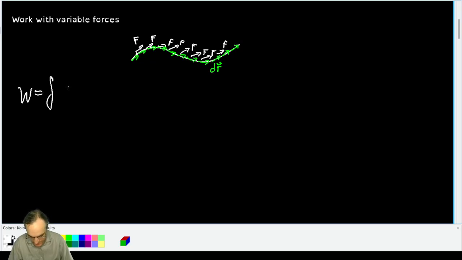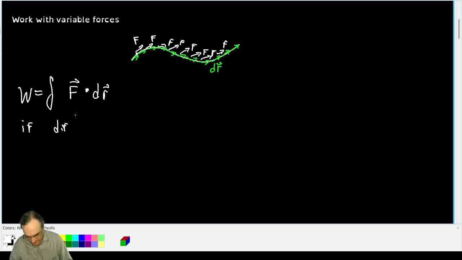The work is equal to the integral of the force vector dot product with this infinitesimal displacement vector dr. Now that's the proper way of doing it. If we're lucky, then the directions of these things are fixed.